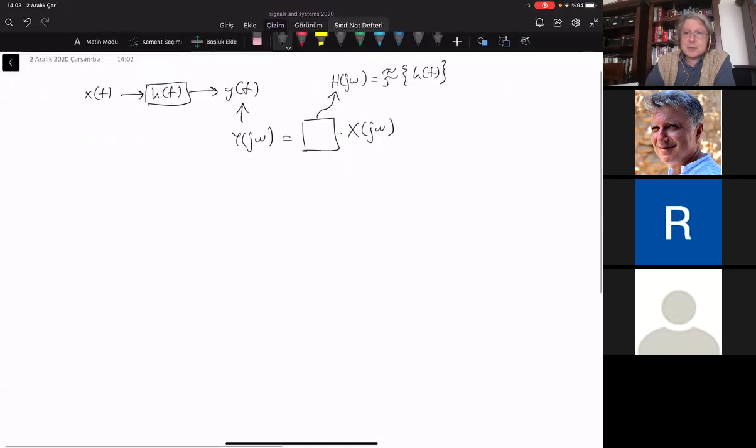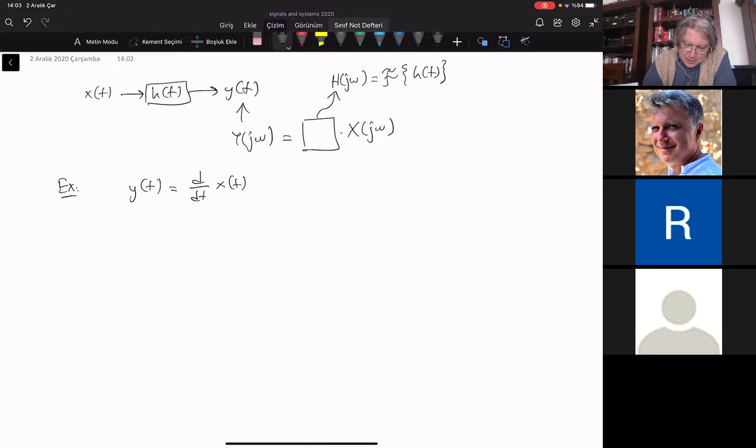And the example that we saw the last hour was when y of t is equal to d by dt of x of t. So the time derivative is the operation that the system is performing. It's a very simple differential equation input-output relation consisting of only the derivative.